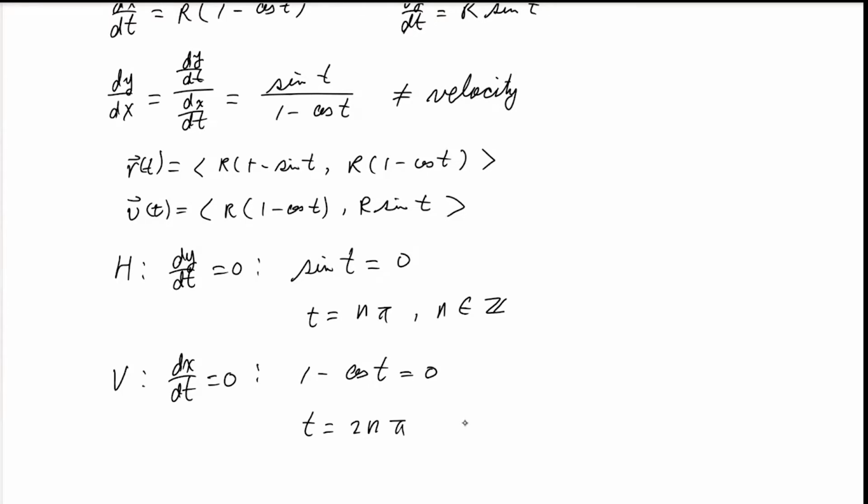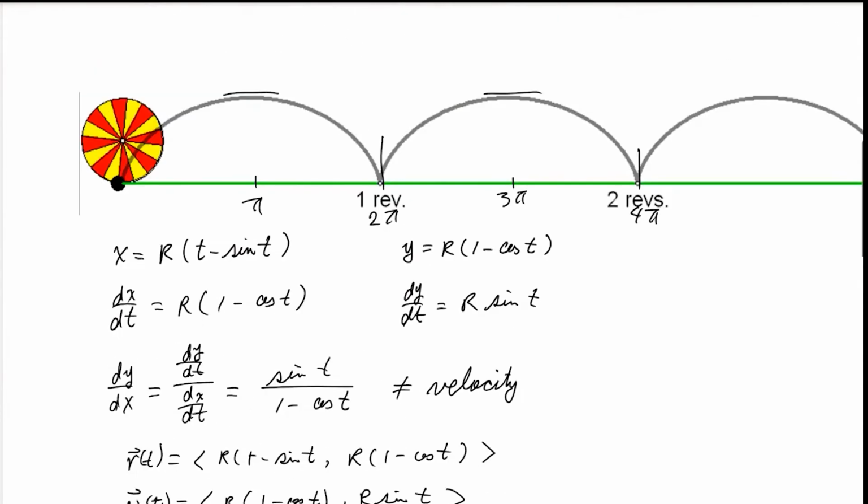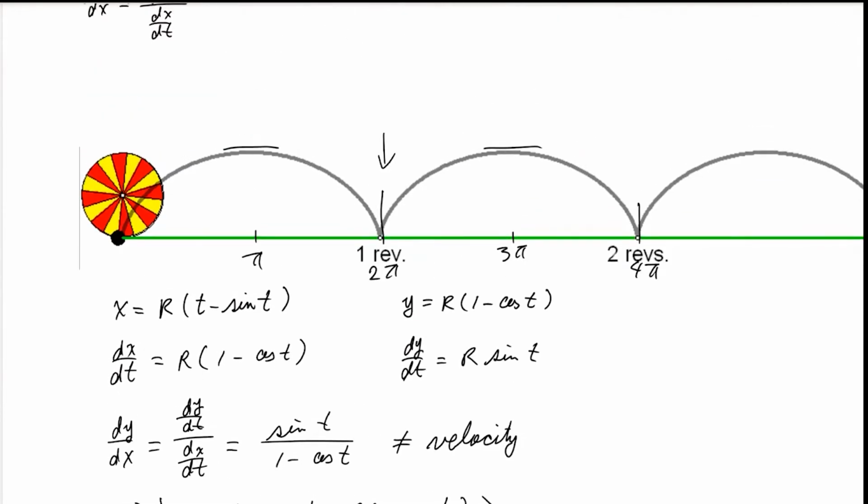Do you see the conflict between the two? What is the conflict? Well, this thing includes 2 pi, and it tells you that thing is horizontal here as well. So we have a conflicting answer.